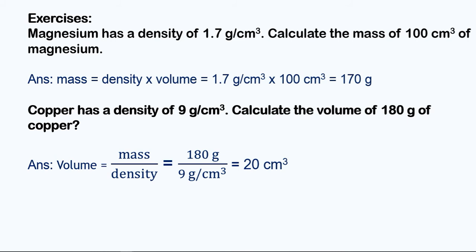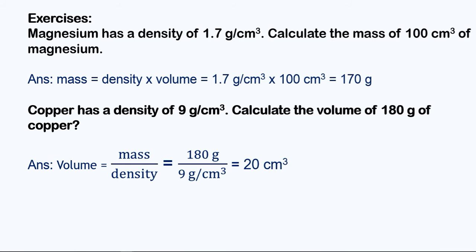Magnesium has a density of 1.7 grams per centimeter cube. Calculate the mass of 100 centimeter cube of magnesium. So we have the density of magnesium and we are given the volume of magnesium. We need to calculate the mass.